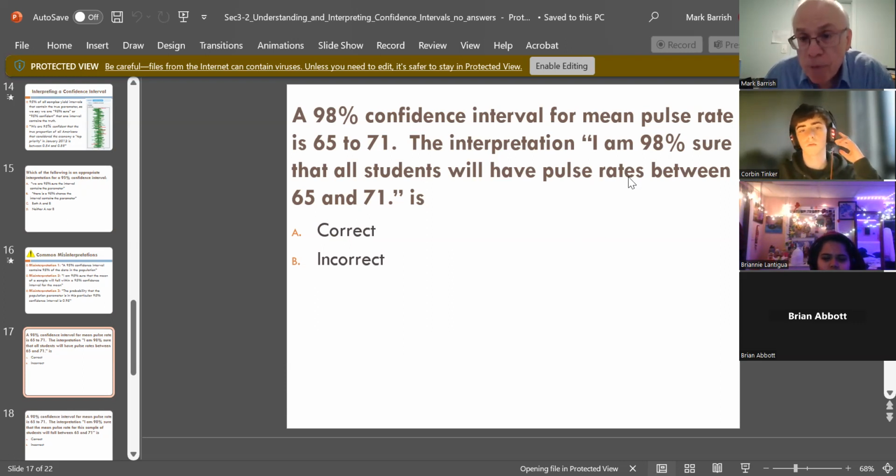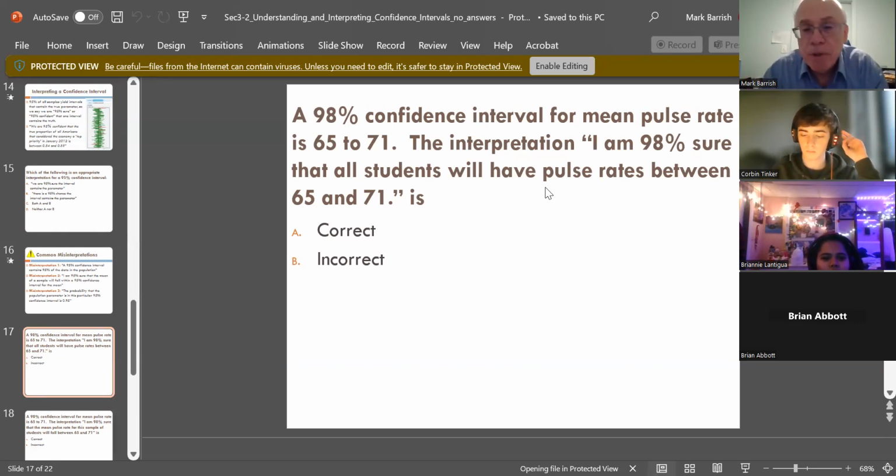So what they're saying here is I'm 98% sure that all students in the population will have pulse rates between 65 and 71. Does that sound right? No. This is from sample data, right? And it doesn't necessarily include all the data, does it? No, it doesn't.